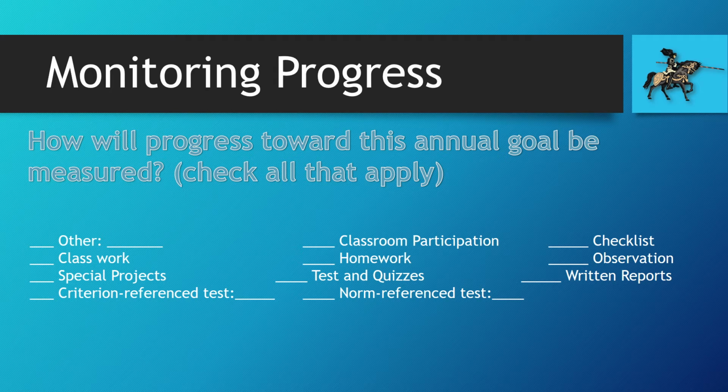Here's another sample of the monitoring progress. Think about how your progress will be measured and monitored. Check off each blank. Remember to collect and save the documentation for audit purposes and parental or administrative review.